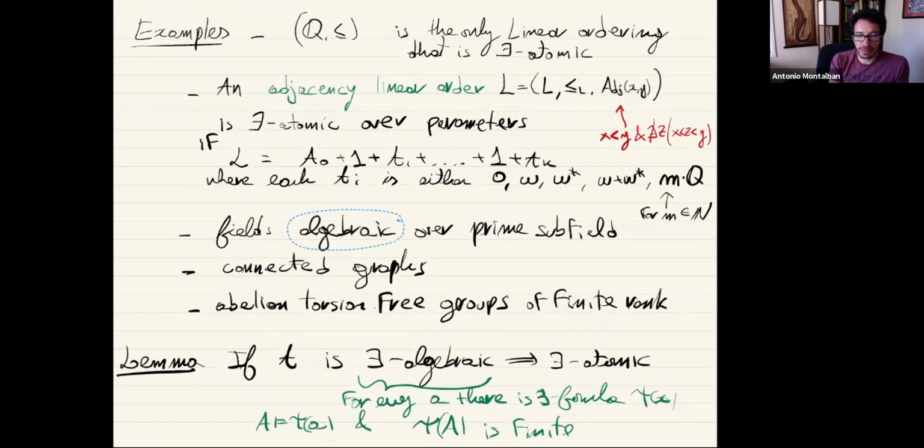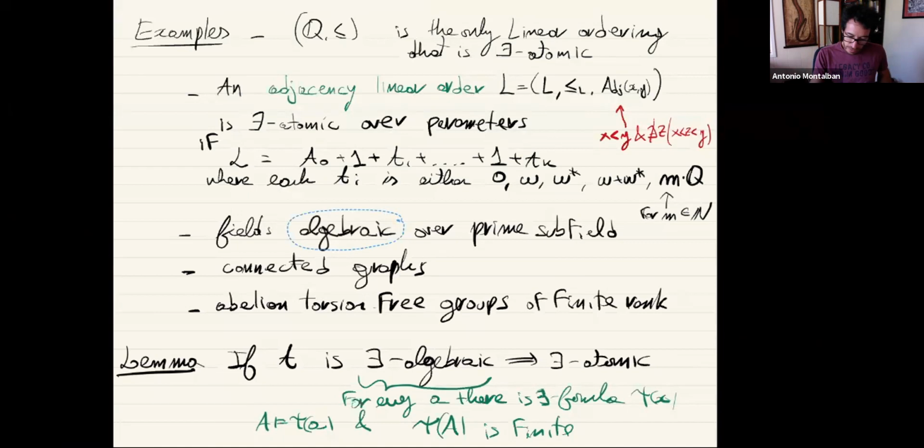Every polynomial has only finitely many roots, and being a root of a polynomial is an existential formula. Actually, it's a quantifier-free formula. So for every element, there is a formula that defines it up to finitely many other elements, and those are existentially atomic. That requires a proof. Actually, it's a pretty nice proof. But I'll leave that for you guys to read if you want, or if you want a topic for next time.